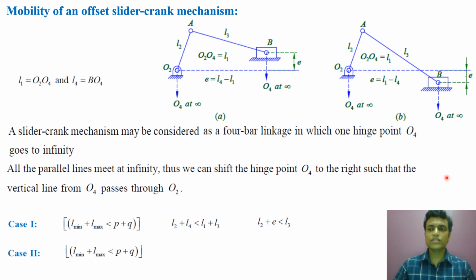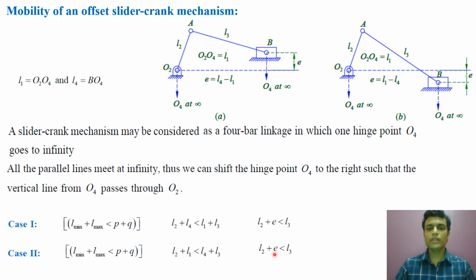So for case 2, if we apply the Grashof condition, that is Lmin plus Lmax is less than P plus Q. What is Lmin? Lmin is similarly here L2 and Lmax is L1 because O2 is above B by a distance E, and here L1 minus L4 is equal to E. So we'll get the same condition, L2 plus E should be less than L3 to become a Grashof link, and L2 is adjacent to the fixed link, so this will be the crank, it can rotate 360 degrees.